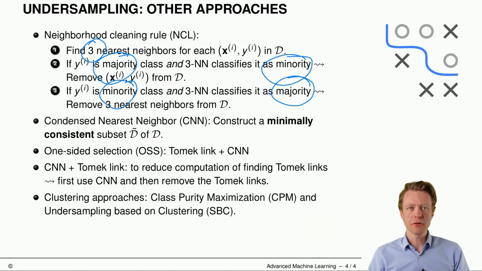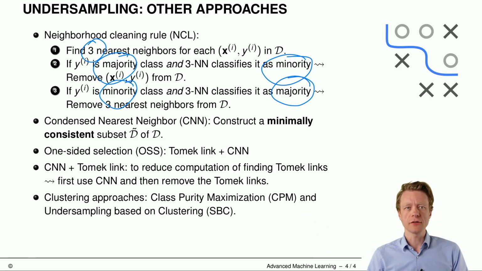Then we have condensed nearest neighbors, CNN. Here we construct a minimally consistent subset D tilde of D. What does this mean? D of course is the entire data set, and D tilde is a subset that is consistent in the way that the classification by a k-nearest neighbor classifier, perhaps 1 nearest neighbor, or 3, 5, 7, something like that, of all the instances in the data set D is the same whether using D tilde or D as training data for that classifier.